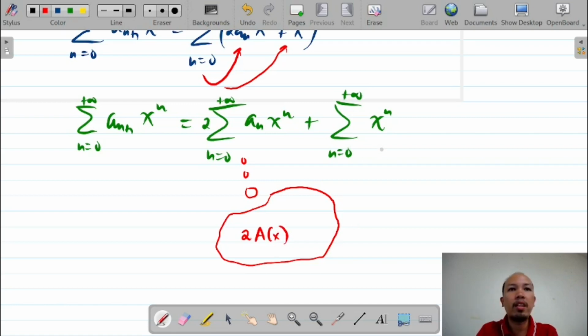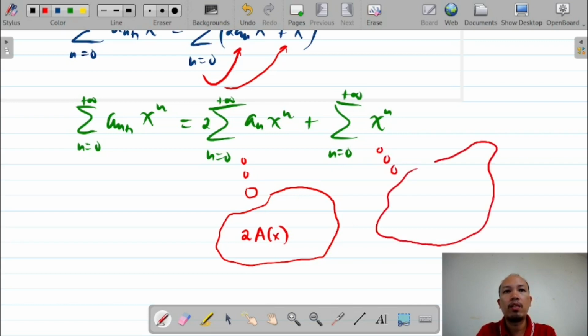And this one here, the second term on the right hand side, I don't know if you remember, the geometric power series. This is 1 over 1 minus x.